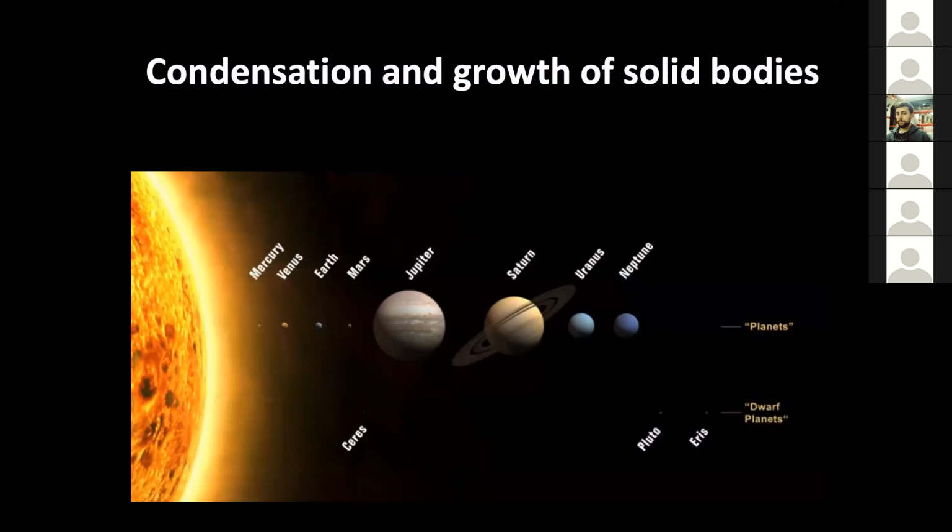So for the condensation and growth of solid bodies, here is just to show that when you start with these clouds, as from yesterday, dense cores, then you form your protoplanetary disk. And you see this is the end point of the protoplanetary disk. So you are left with planets, and these are the well-known planets to us. And so we have the terrestrial planets and the giant planets in the outer part.